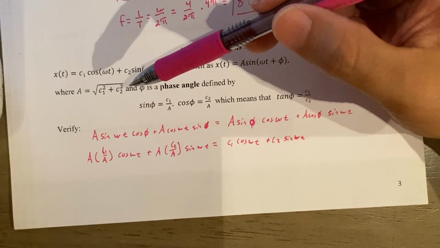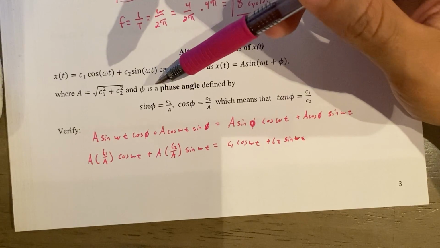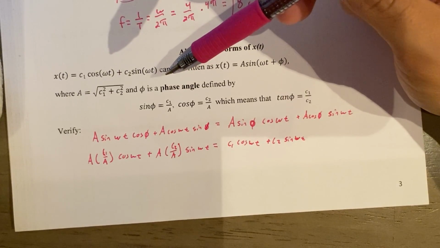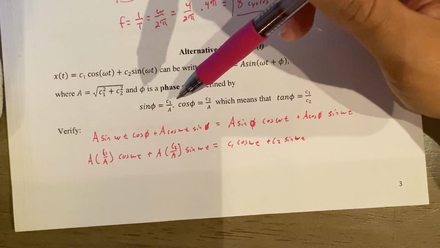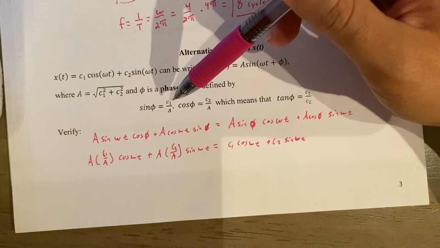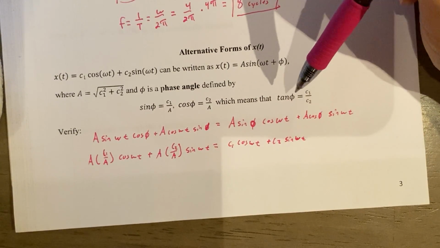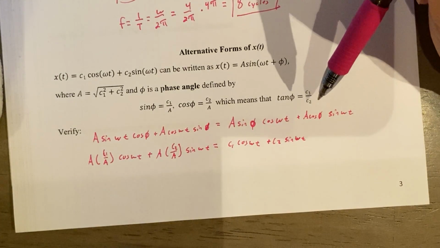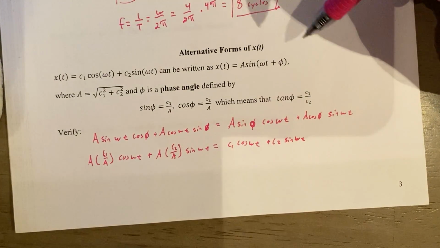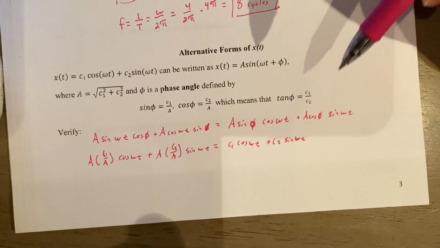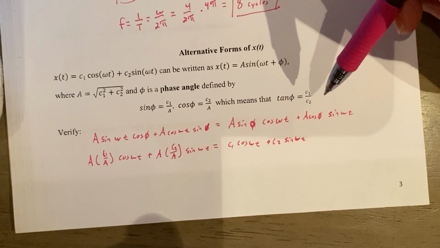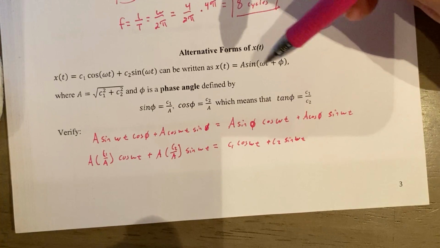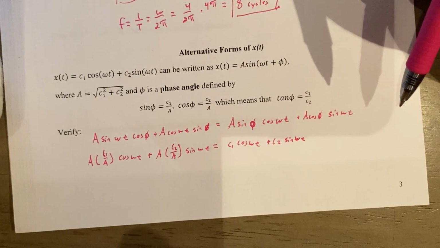It's the two constants squared, and our phi is going to be defined in this case by sine and cosine. And for our tangent of phi, it's going to be c sub 1 over c sub 2. If you remember from the previous example, when we're using cosine, it's c sub 2 over c sub 1. When we're using sine, it's c sub 1 over c sub 2.